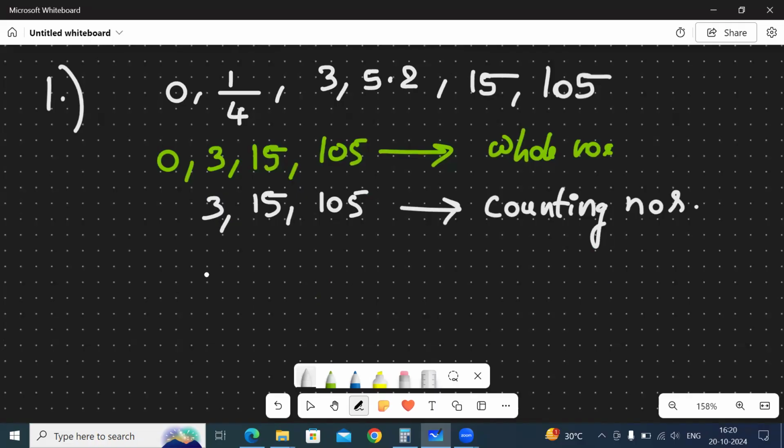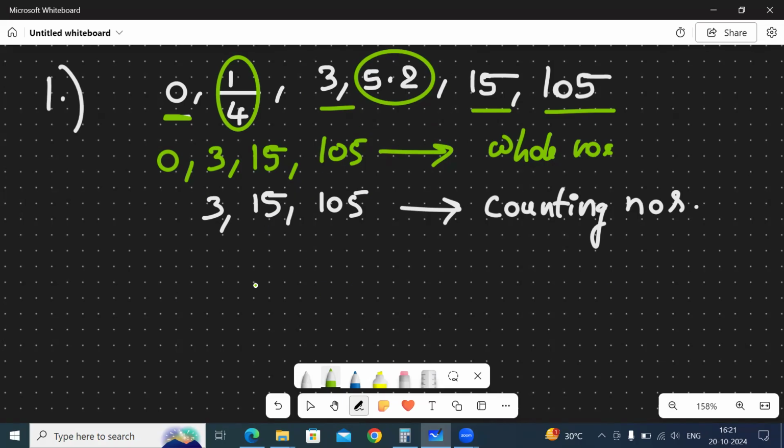So out of all these numbers, I have classified 0, 3, 15, and 105. But what about 1 by 4 and 5.2? We haven't classified these two numbers.